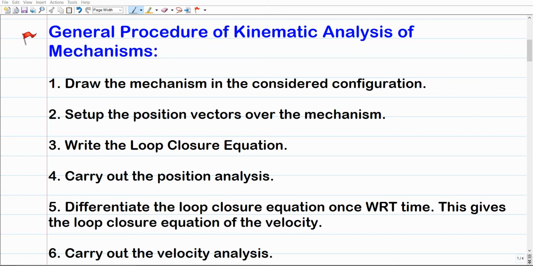The mechanism is moving all the time, and at any instant of time it has different configurations, different positions, and different velocity and acceleration of its components. So it is hard for us to do position, velocity and acceleration analyses for the mechanism at all the different configurations all the time. By hand, we can do it for only one instant of time, two instances of time, and so on.